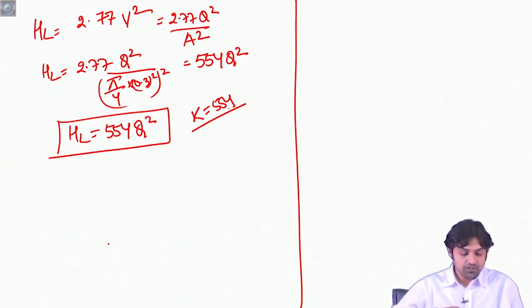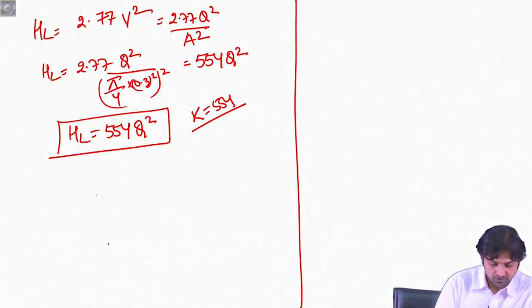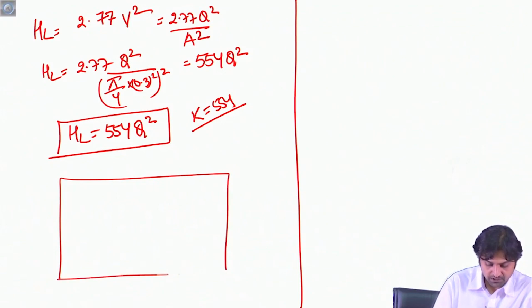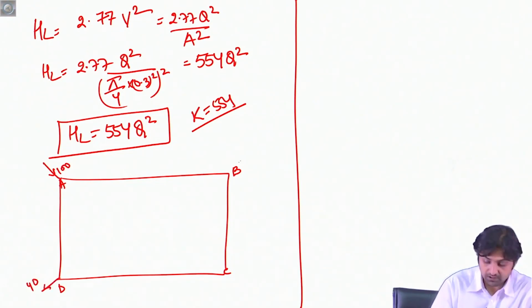So now, let's say for the first iteration, this is point A, this is point B, this is point C, and this is point D. 100 liters were coming here, this is given first, and then we say 20 liters per second, and this is 40 liters per second.